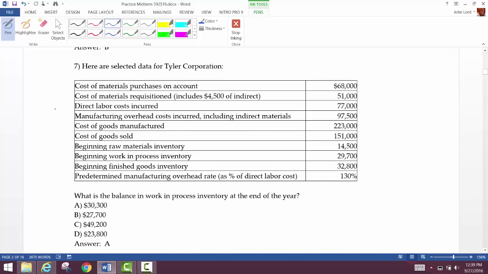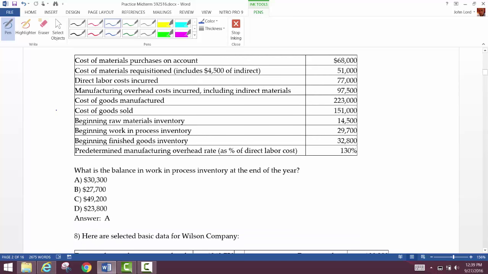This one, have we worked this one before? No? Okay, we'll go through this one. What is the balance in the work in process account at the end of the year? Okay, so what happens? Well, they give me beginning work in process, don't they?